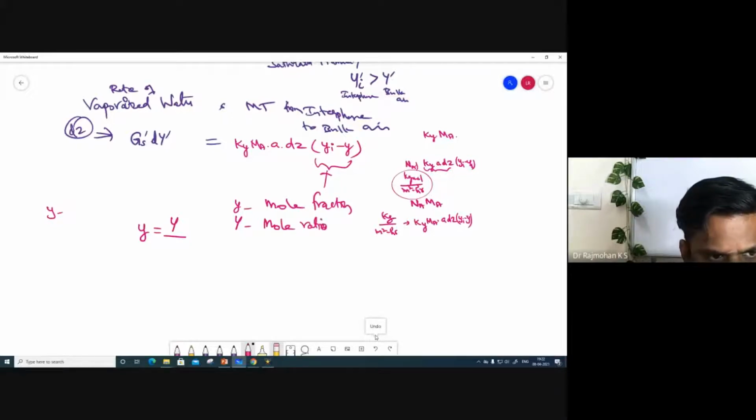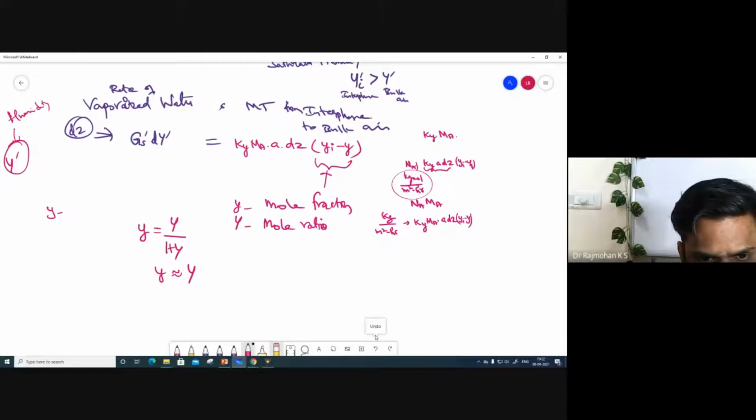Okay, so that is the reason why we have been using y dash for humidity, because small y and capital Y refer to mole fraction and mole ratio. So small y is equal to capital Y by 1 plus capital Y. Okay, so for small values, we can approximate that y is approximately equal to capital Y, right?